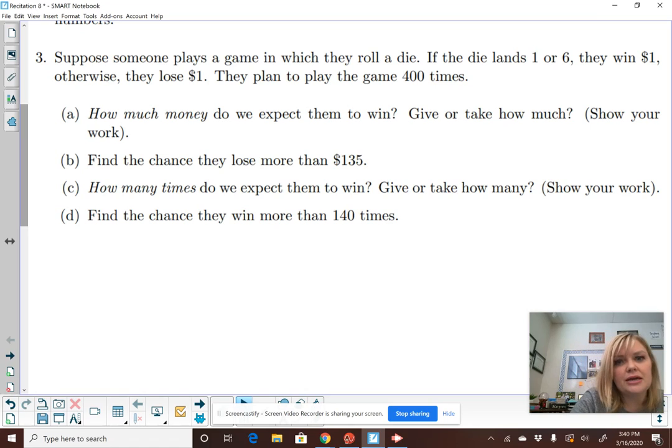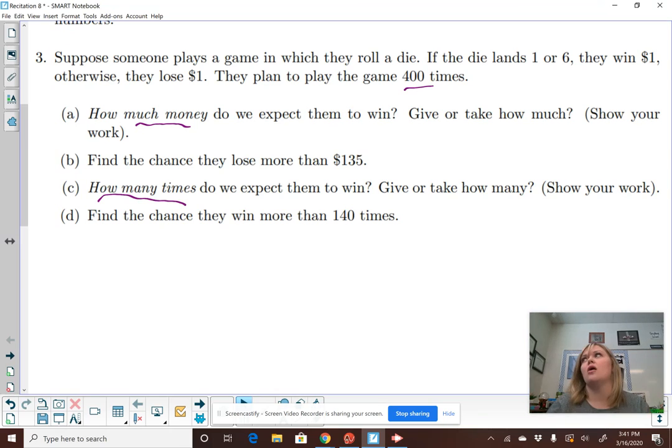So number 3, you play a game in which you roll a die. If it lands on 1 or 6, you win $1. If not, you lose $1. And we're going to play this 400 times. So part A is wanting to know how much money we expect to win. So this box model is going to be different than part C, which is how many times do we expect to win?